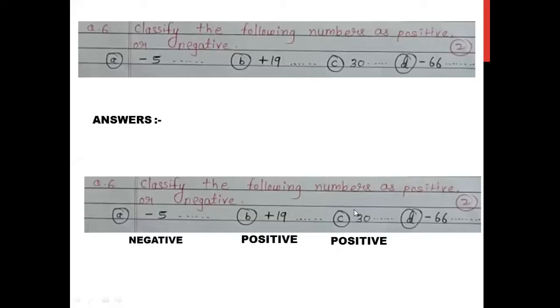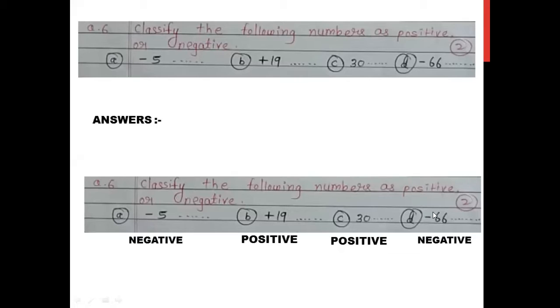Okay. And now the next number is negative 66, minus 66. This number has the minus sign, so which type of number is this? You can classify it as positive or negative. So is this the positive number? No, this is the negative number, because it has the minus sign.